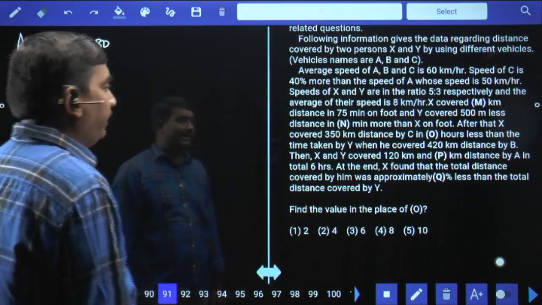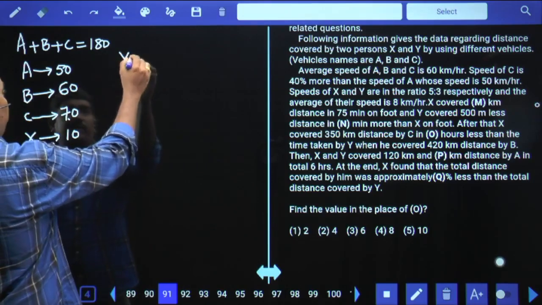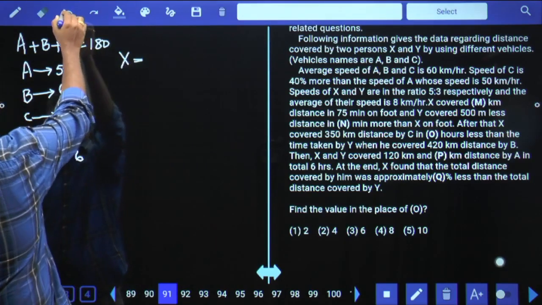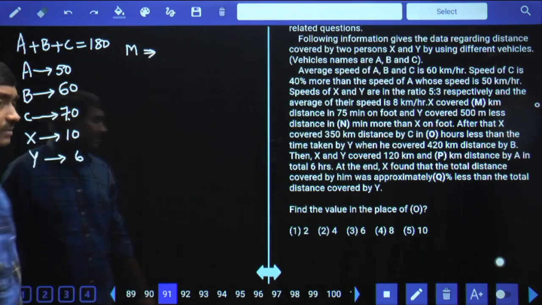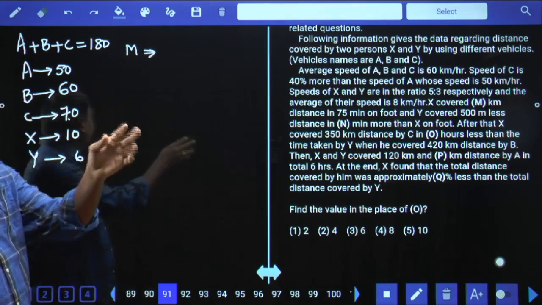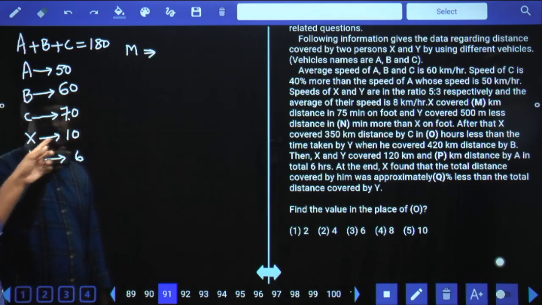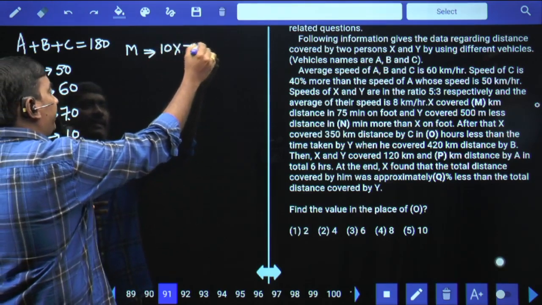X covered m kilometers distance in 75 minutes. Then m is nothing but the distance covered by X in 75 minutes. Distance means speed into time. X speed is 10 kilometers per hour and time is 75 minutes.